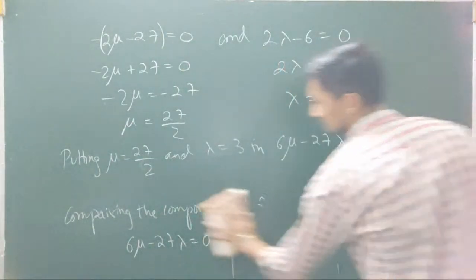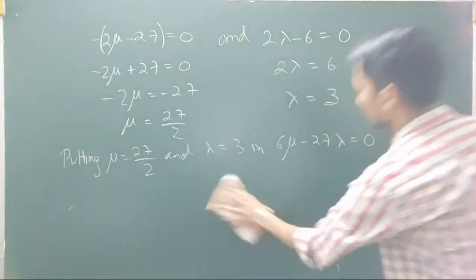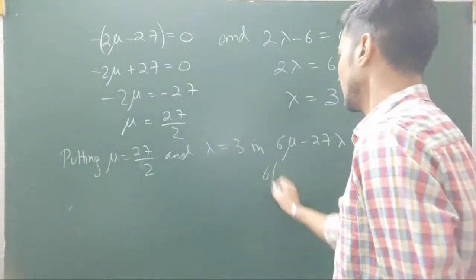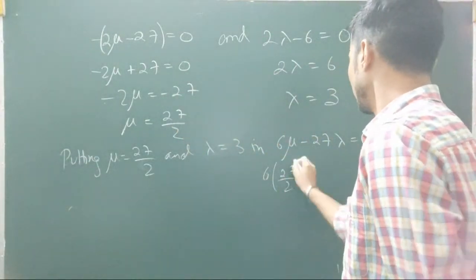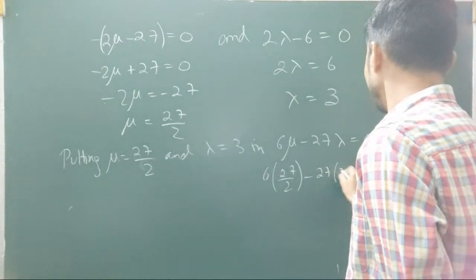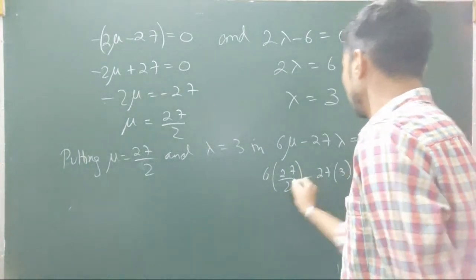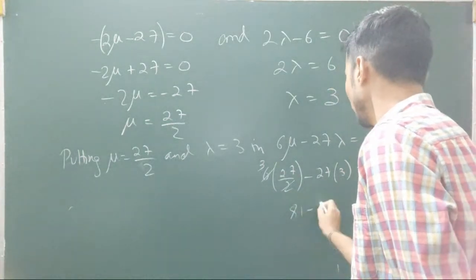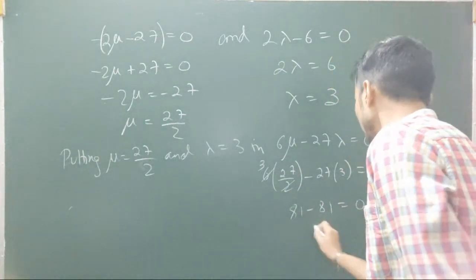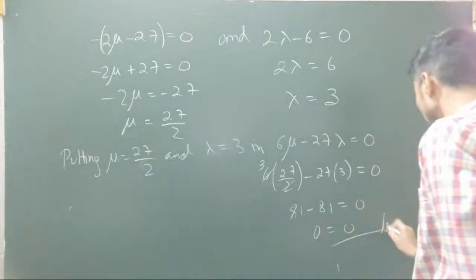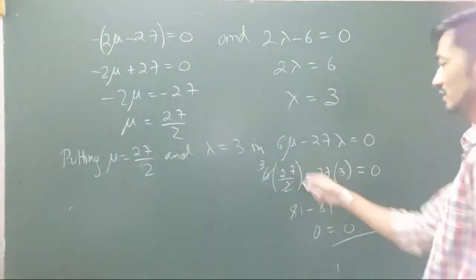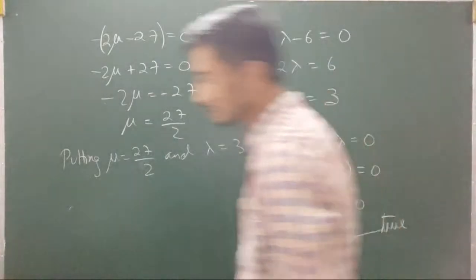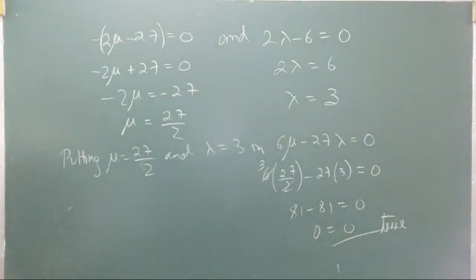So 6 into 27 by 2 minus 27 into 3: 3 into 27 is 81, minus 81 equals 0. So 0 equal to 0, that is true. That way we can verify just to confirm our results during the exams.